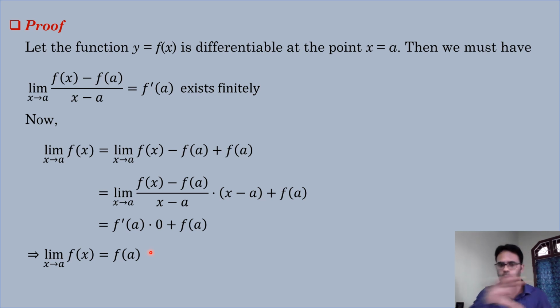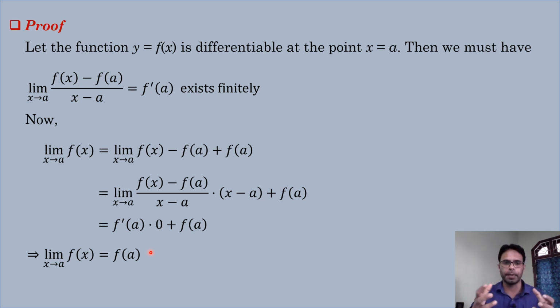The forward part of the theorem tells us that if a function is differentiable then it must be continuous. But the converse part: if a function is continuous then it may be differentiable, but it may not be differentiable. That is why the converse part is not true.